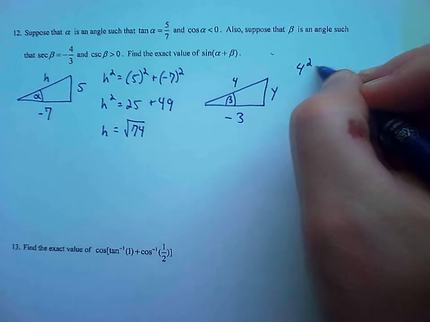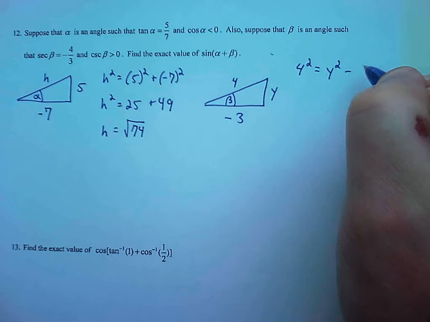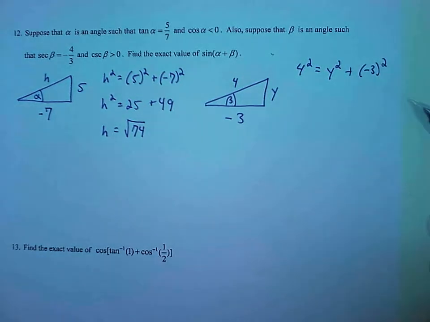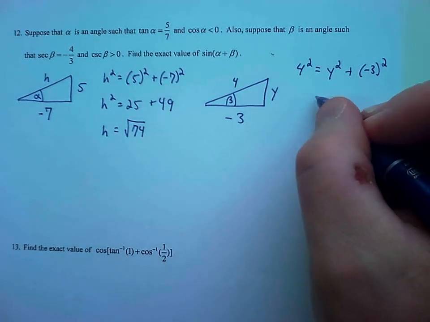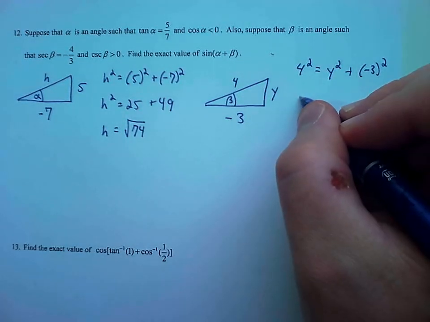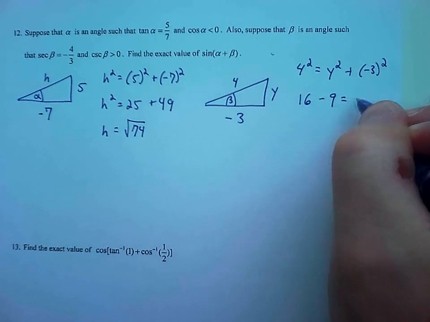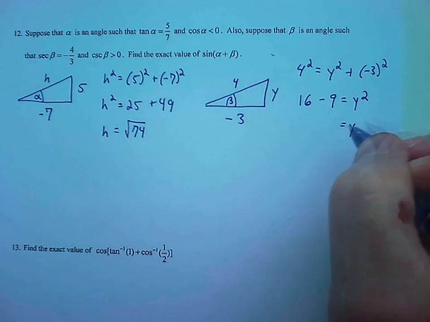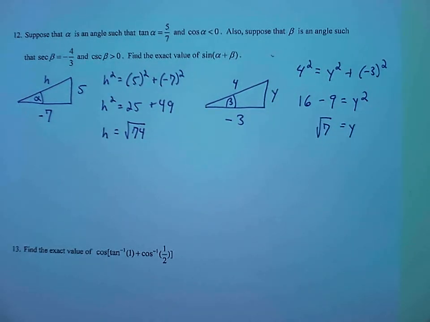Now we're going to have 4 squared being equal to y squared plus negative 3 squared. So then here we're going to get 16 minus 9 is equal to y squared, so y is going to be equal to the square root of 7. Right.